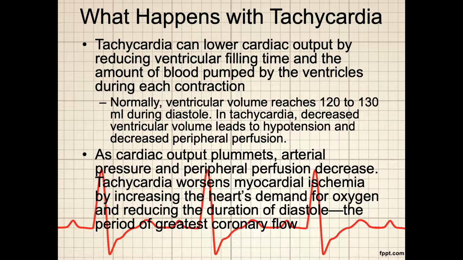This is particularly alarming in conditions like myocardial infarction, because tachycardia worsens myocardial ischemia by increasing the heart's demand for oxygen and reducing the duration of diastole. During diastole, that is the period of greatest coronary artery flow.